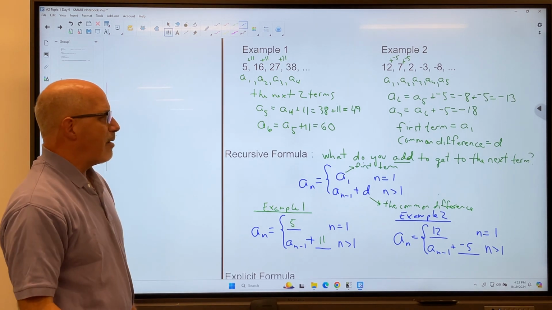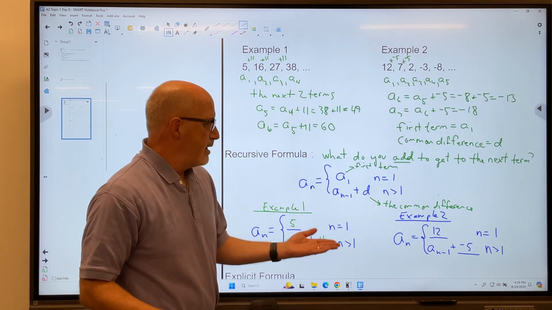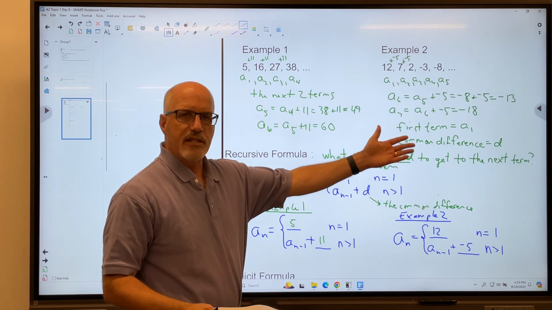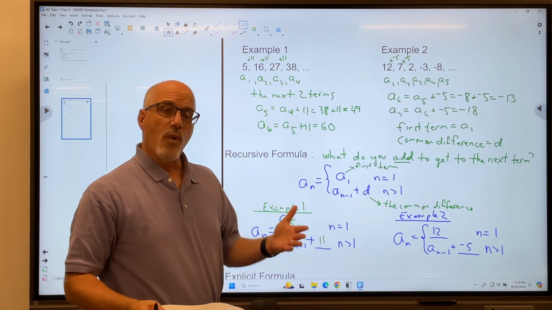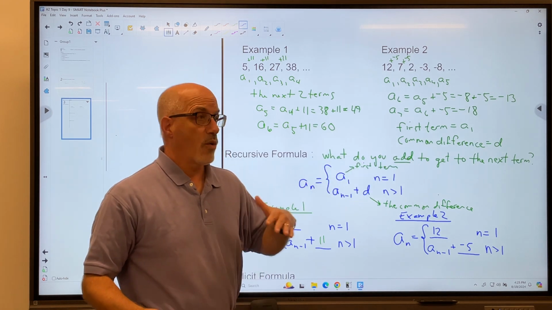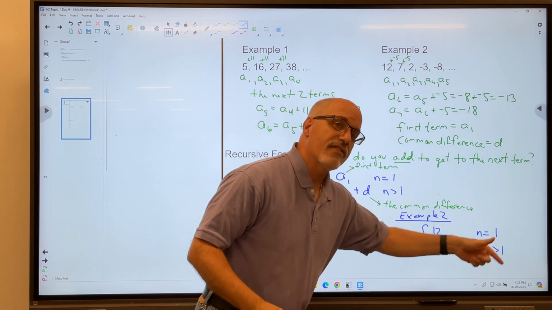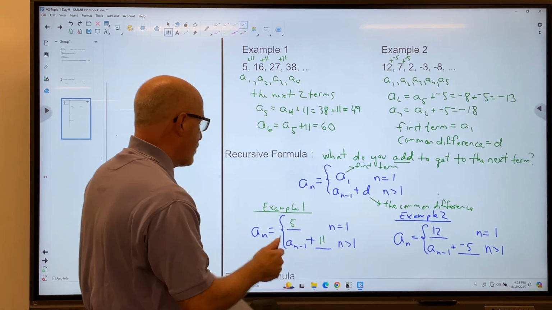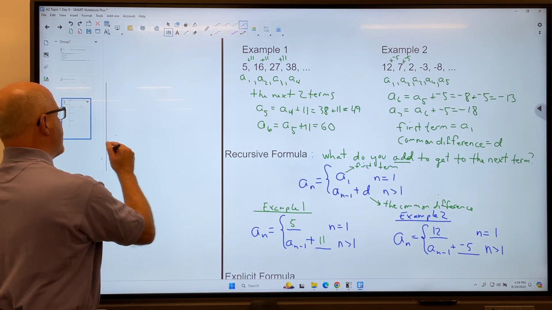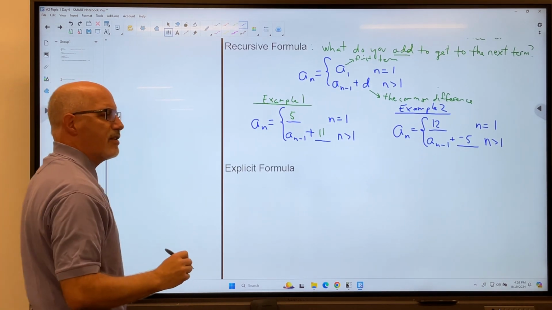Okay? Now the problem that we're going to have with these is, this is nice for like the 7th, 8th, 9th, 10th term. What if you want to know the 90th term or the 1000th term? You don't want to just keep adding -5 on to get out there. So what we want to do is come up with a new formula, a new way to do that, called the explicit formula.